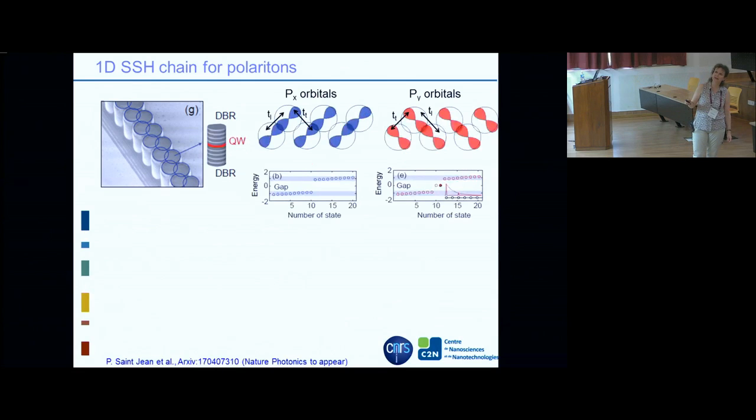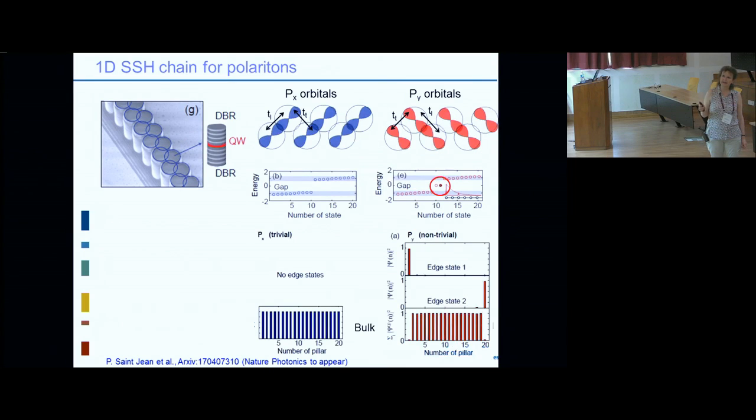So when you make the calculation, indeed, you find that you expect to see a gap state. So there are 2 gap states because there is one at one end and the other one at the other end of the chain. And for the px orbital, you expect no gap states.